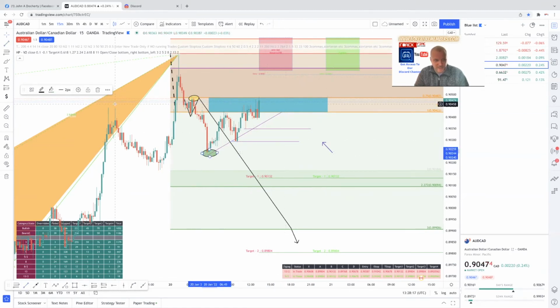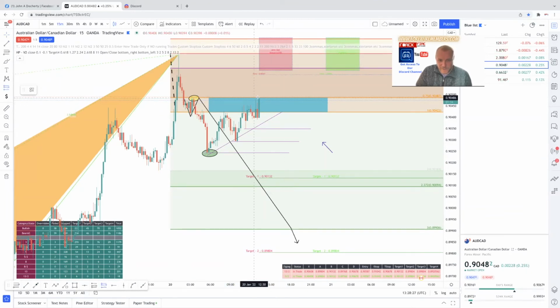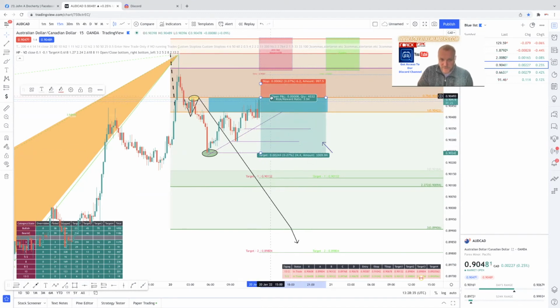You could have a final TP of there, to be fair. Do you know what I mean? Even if you wanted to keep this as tight as just above here, just a few pips, and target down here, you could possibly get a 1 to 4.